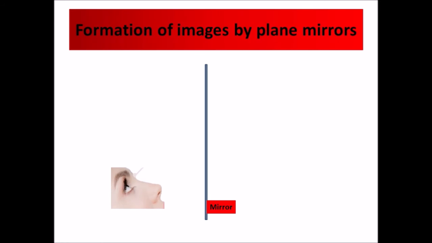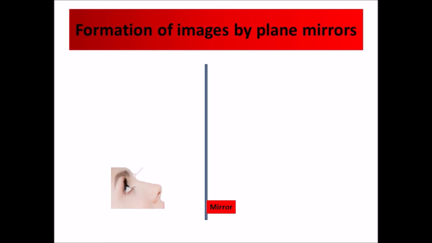Having looked at the characteristics of the images formed by plane mirrors, now let's look at how we can use ray diagrams to explain the formation or location of these images and how they can be seen by an observer.